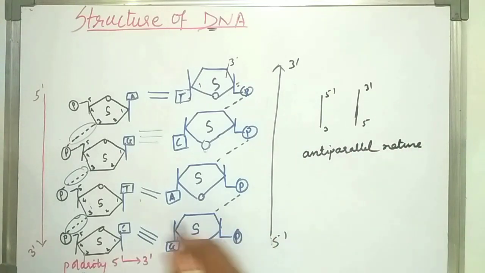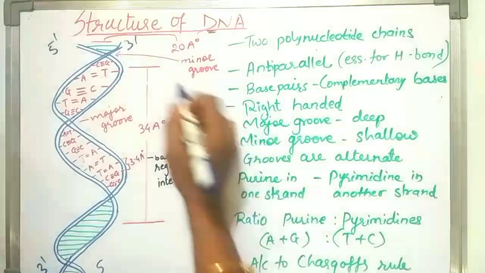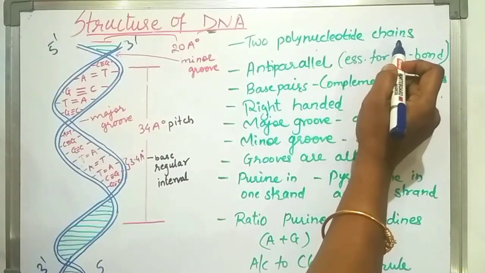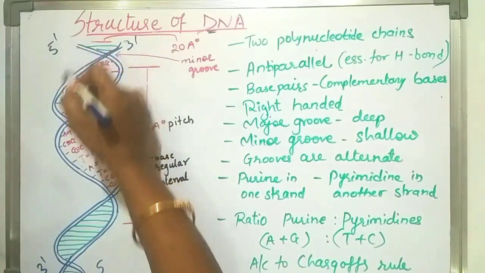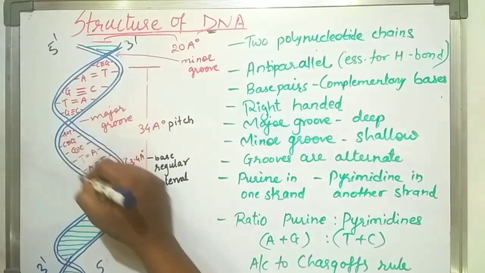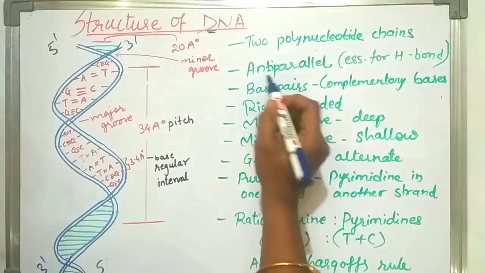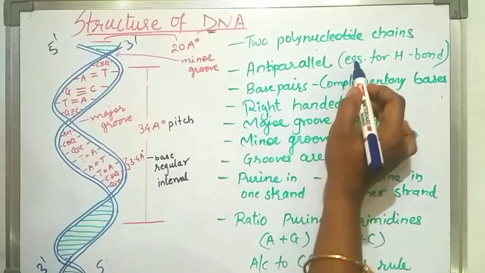Now we will see the detailed molecular structure of DNA. Here you can see two polynucleotide chains oriented in the 5' to 3' direction and the 3' to 5' direction. So these are anti-parallel in nature.